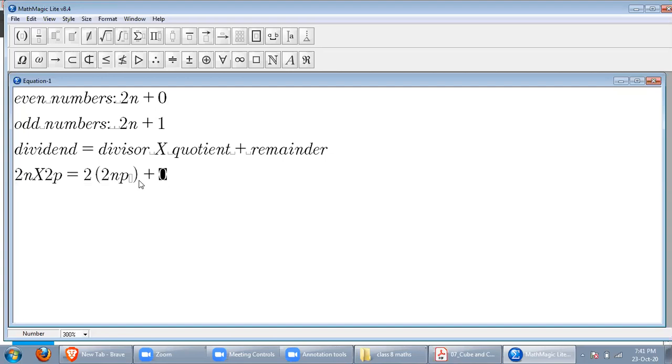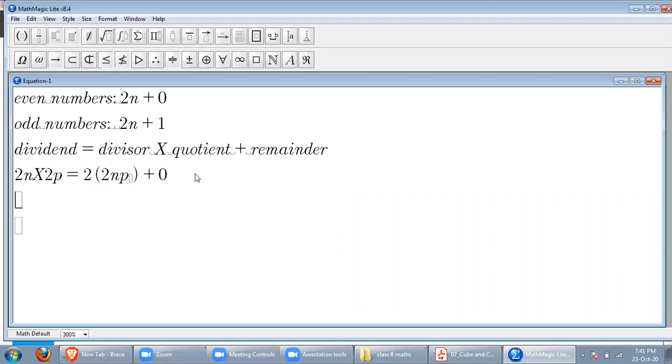So this is a product of the divisor and the quotient, meaning that the remainder will be 0. So the product of 2 even numbers is an even number.